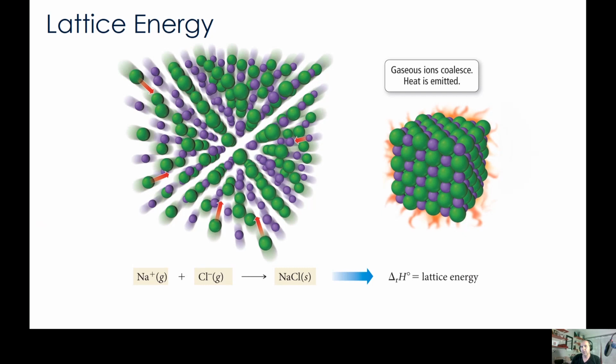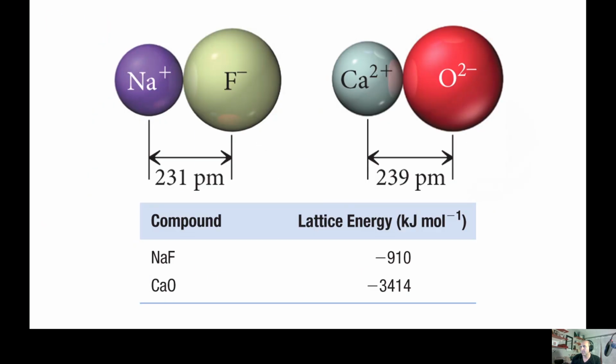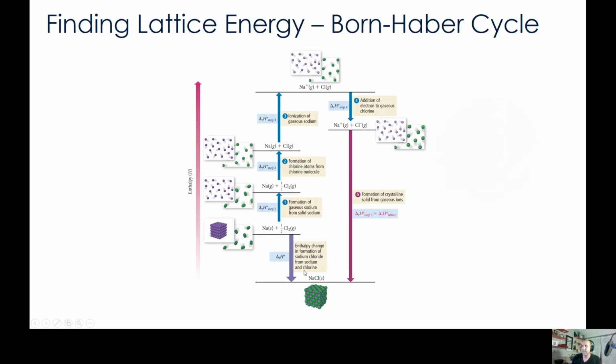We can say the lattice energy is the thing that's missing. I'll explain it to you. So let's take, for example, the reaction that we've been looking at so far, which is the reaction of sodium and chlorine to form sodium chloride.